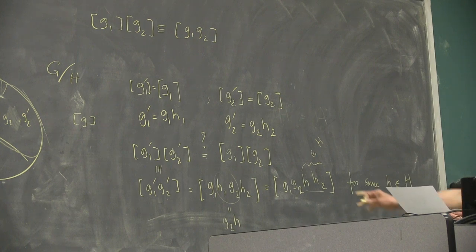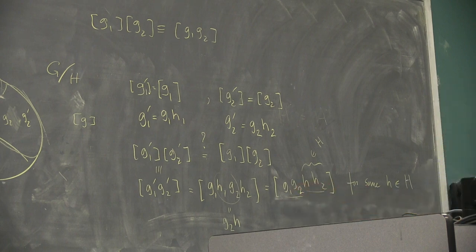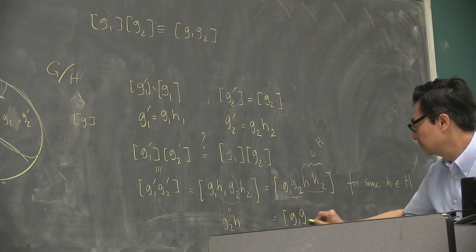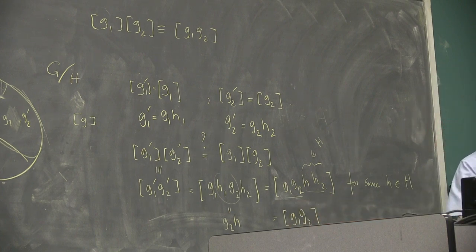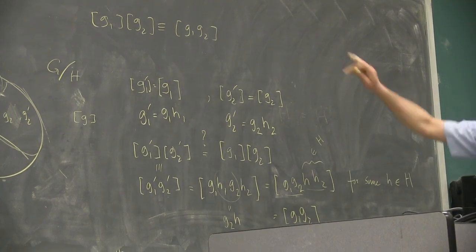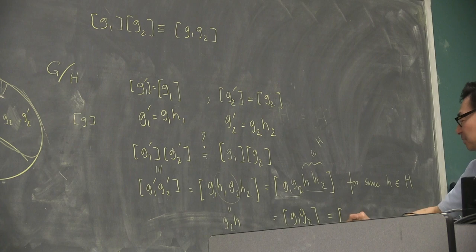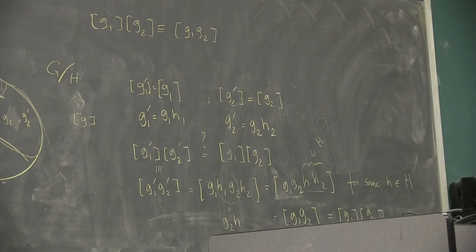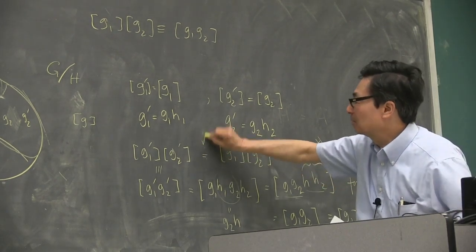So this coset must then be characterized by this group element, okay? Do you agree with that? Okay. Finally, by the definition again, this must be equal to the bracket of G1 multiplied by the bracket of G2 again, so I end up with the right-hand side. So I have proved this equality.